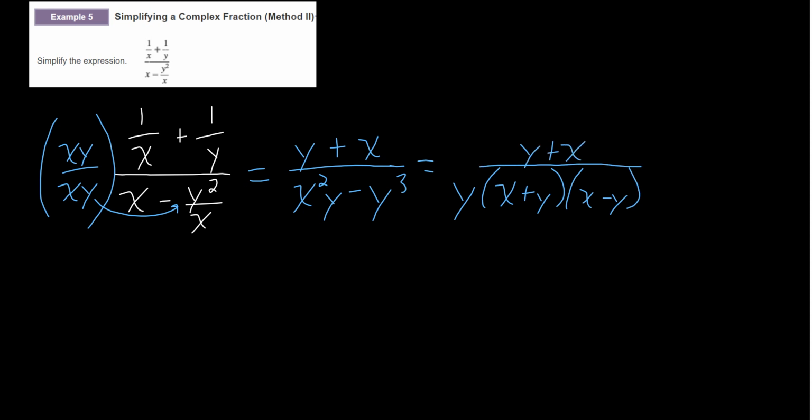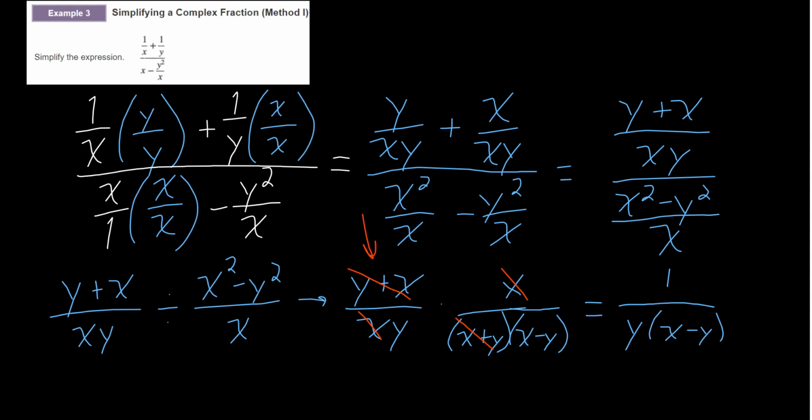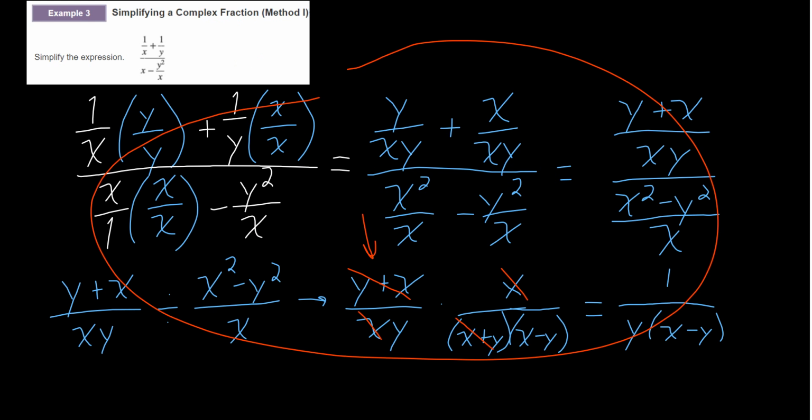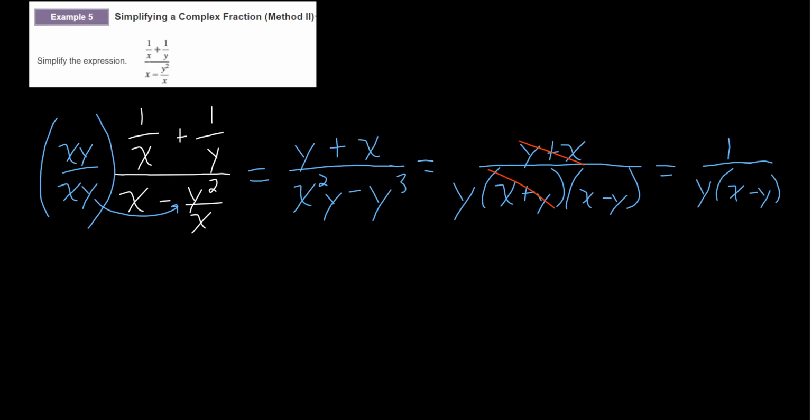And again, similar to what we talked about in example 3, y plus x cancels with x plus y, and we end up having 1 in my numerator, and then y times x minus y, which was the solution to 1 over y times x minus y. Okay, and again, going back, to me, this is just a lot more stuff, a lot more work than this. Okay.